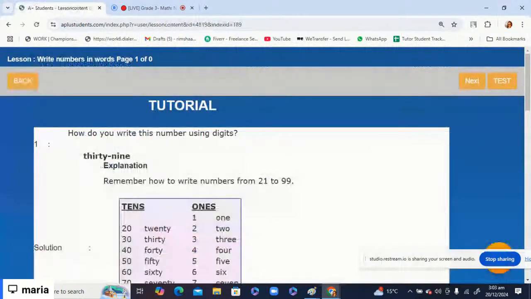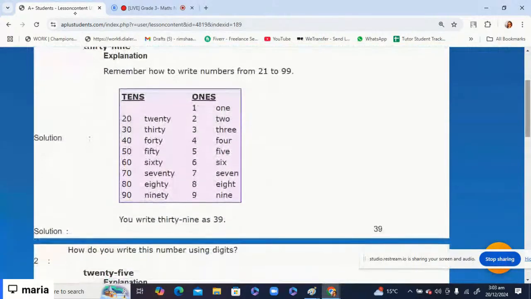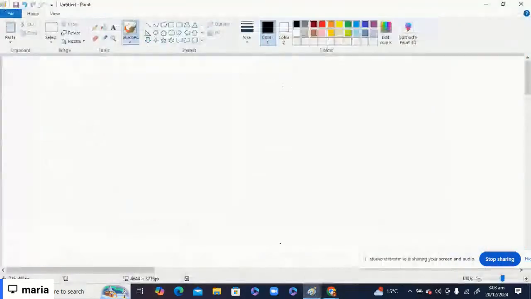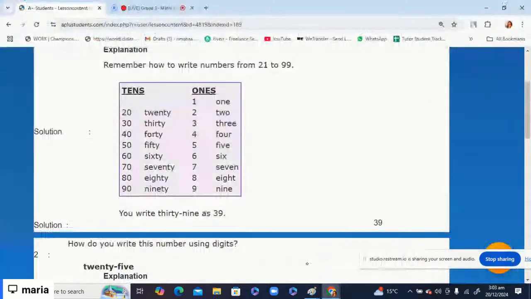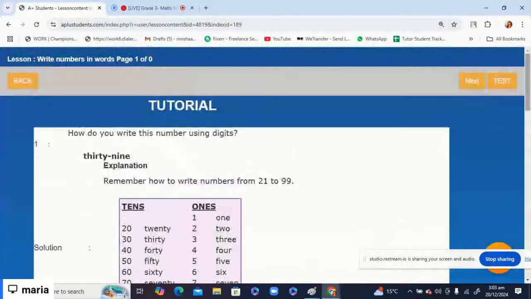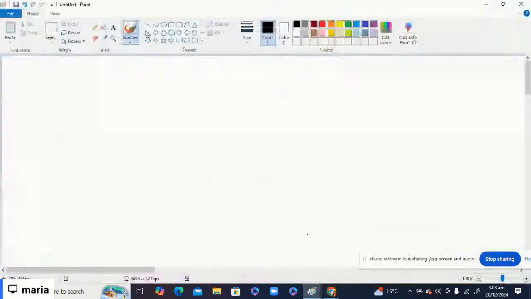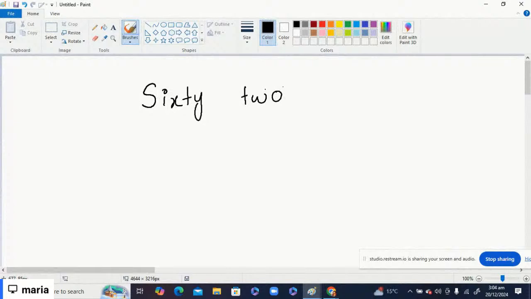So here, how do we write the number using the digits? For example, this is 39. So how can we write it down? If it's written in the form of words, you are going to convert it into numbers, using the digits. Okay, for example, if it's written here, I'm going to write, you just tell me. Everyone tell me in the chat, how can we write it down in the form of digits?